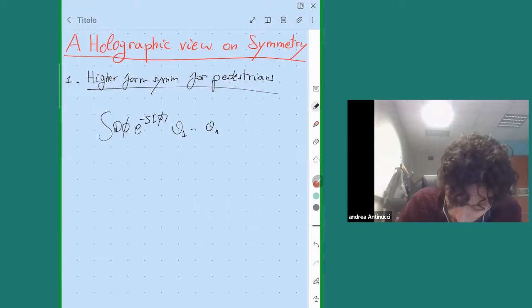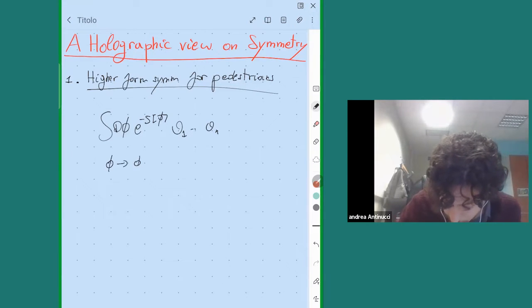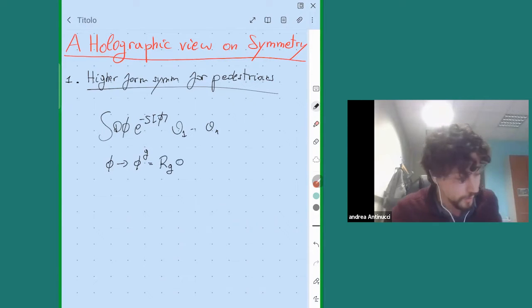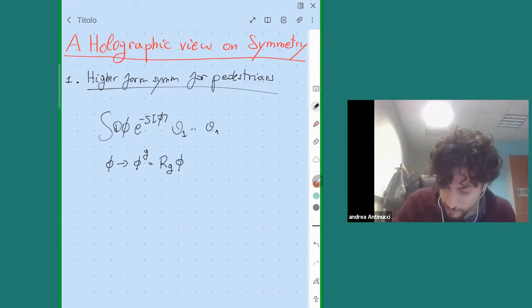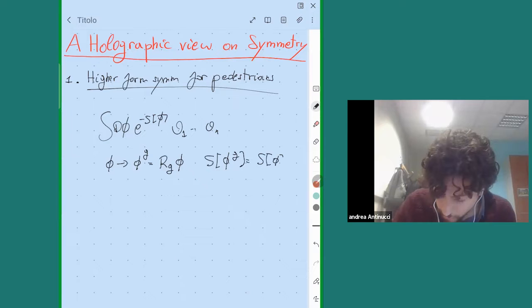But a symmetry will be a certain transformation on the field. Let's say you have a group symmetry G and your field transforms in some representation, which I'm calling R, such that the action and the measure are both invariant. This is what is a symmetry.